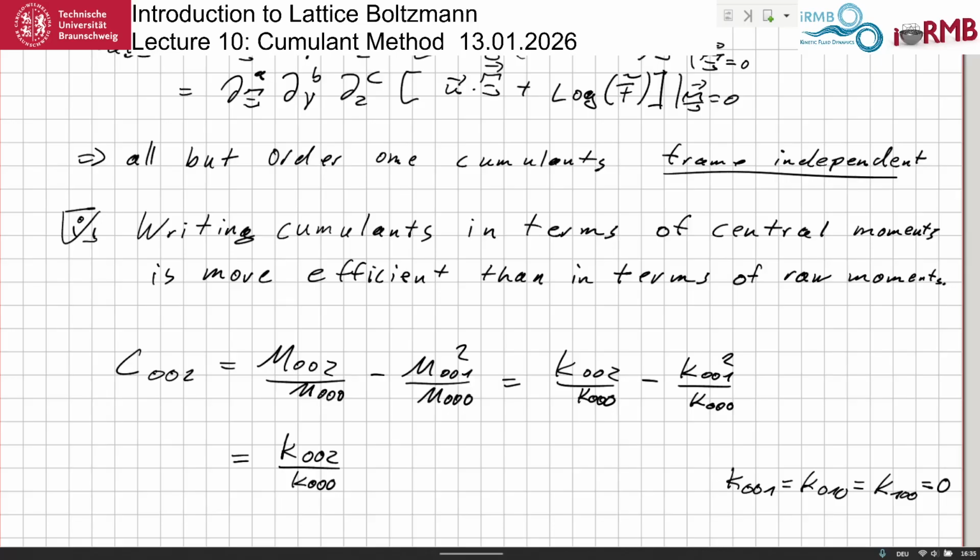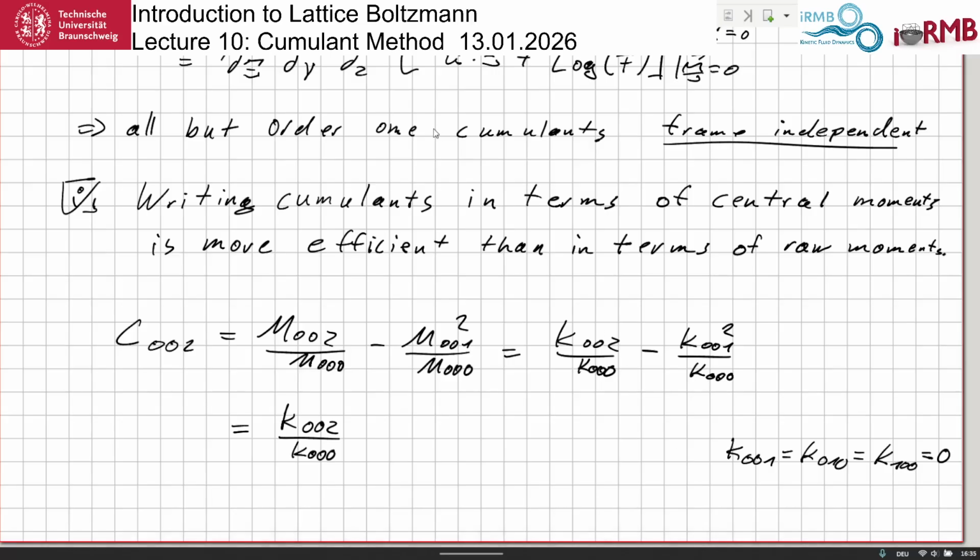So whenever we have an equation for the cumulants in terms of moments, if we take the central moments, we can delete all the terms that come with the first order moments, and these are usually most of them. So the equations get much smaller pretty quickly, even though there's still a lot to do.